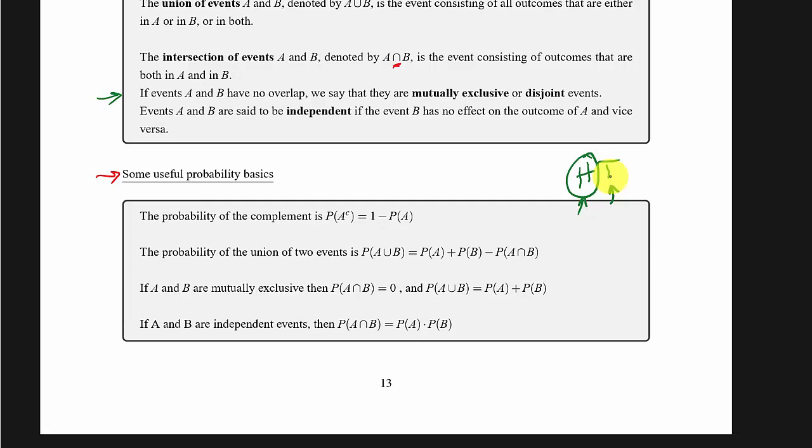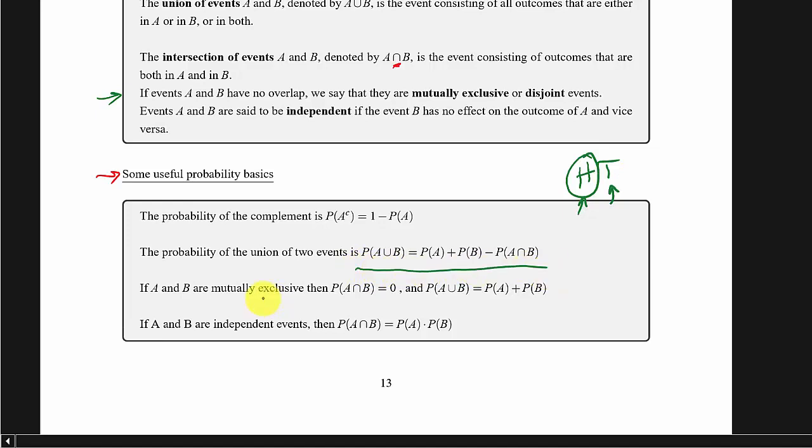Okay? And if A and B are mutually exclusive, then the probability of A intersect B is equal to 0. And all they're telling you there is they're modifying this formula here.